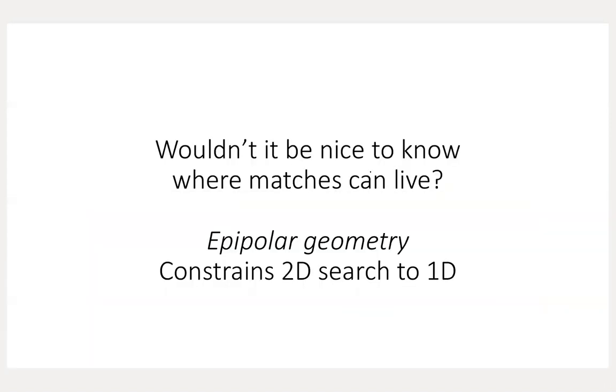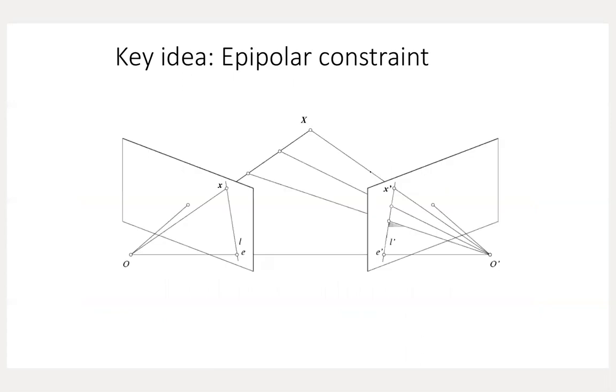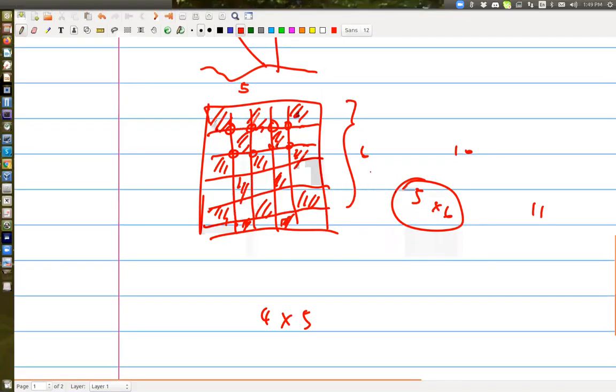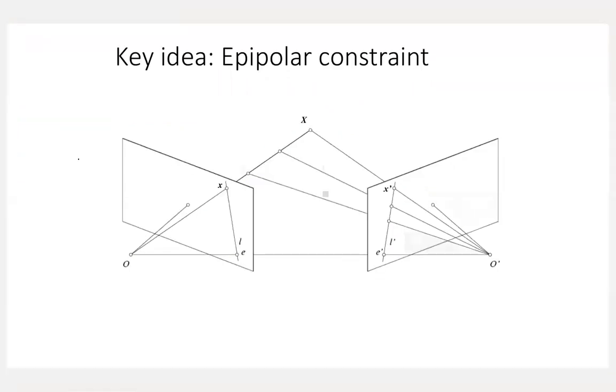So okay, now I'll get into this epipolar geometry. This is the main picture that you should keep in mind. So what this figure illustrates is that I have two camera centers here, right?